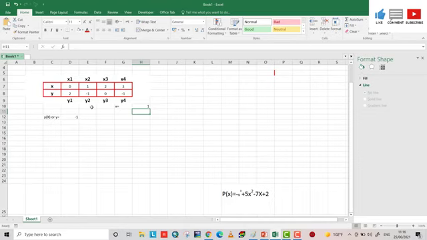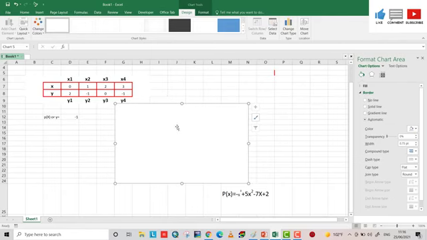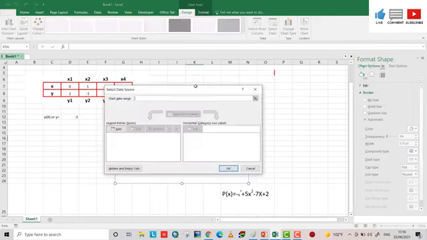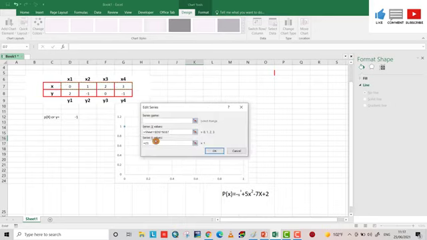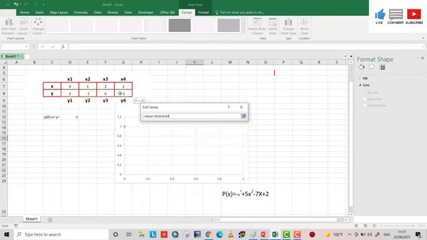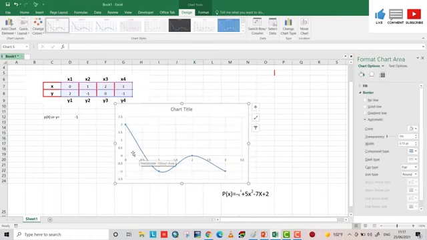It is good. And also by plotting: insert plot, x, select data, add. Okay, that is the value for x, and put the value for y. That is the curve which we have.